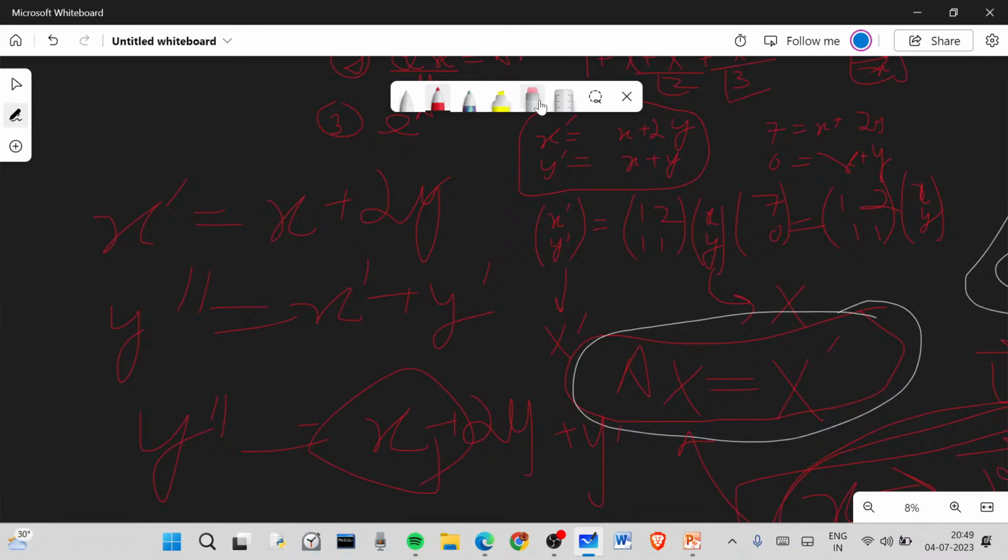For that we have to extract x in terms of y' and y, and we find that x is something like y' minus y.